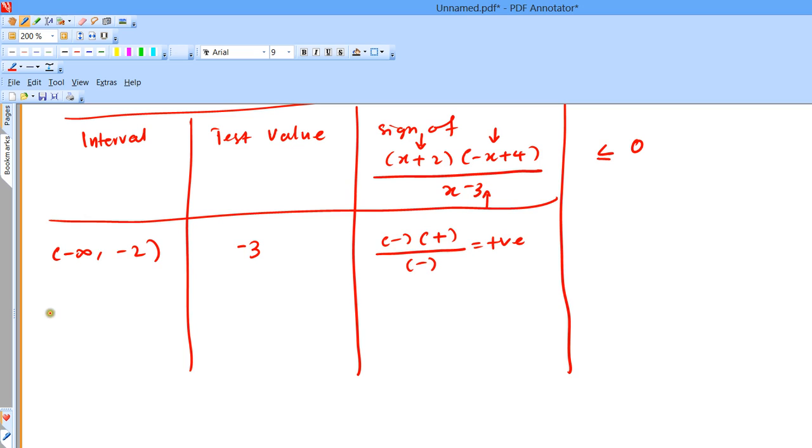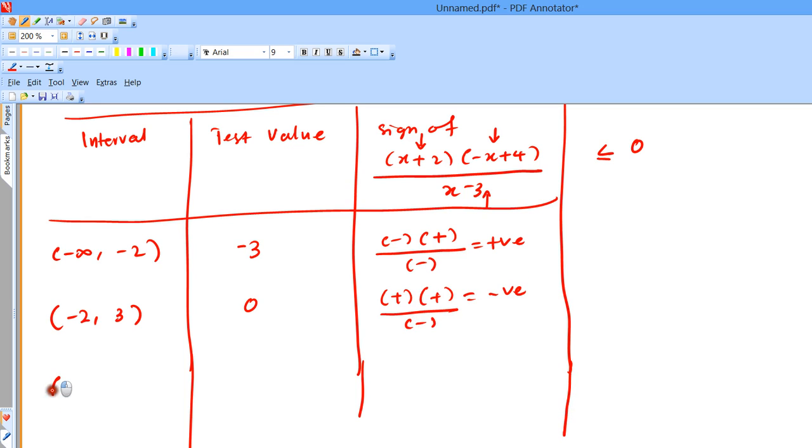For the second interval, from negative 2 to 3, you can choose x equal to 0. The numerator is positive, divided by a negative denominator, which equals a negative sign.